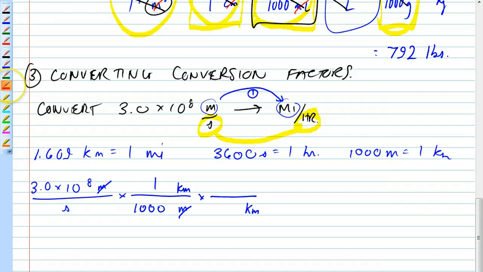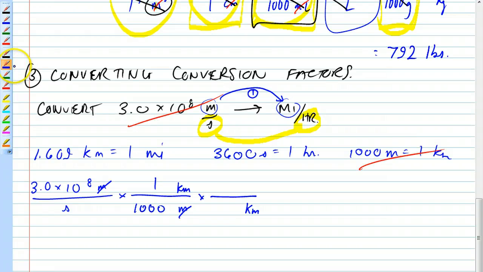Now another thing you might want to do is get rid of conversion factors you've already used. You are never going to use the same conversion factor twice. Well, you could, but not in a problem like this. So get rid of it. You already used it. If I used it again, I'd be going backwards.